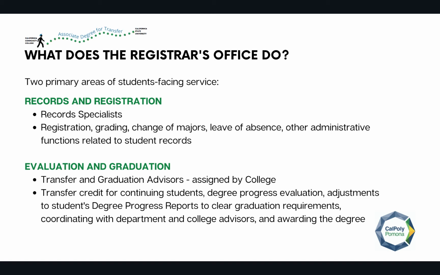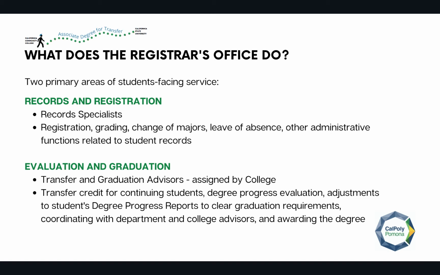The other main area is the group that Gus and I are part of, which is the evaluation and graduation team. We are composed now of a team of 8 or 9 transfer and graduation advisors, and we like to call them TGAs. So if you do transfer to Cal Poly at some point, that is what we're referred to as.